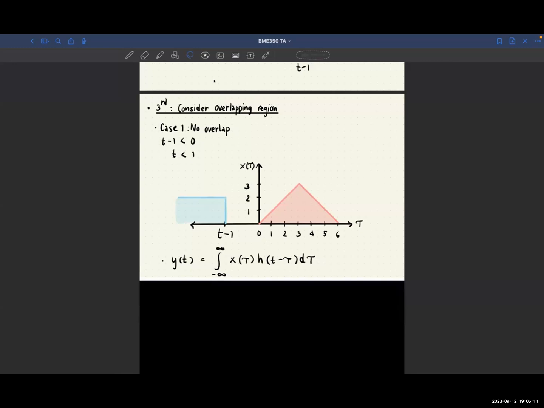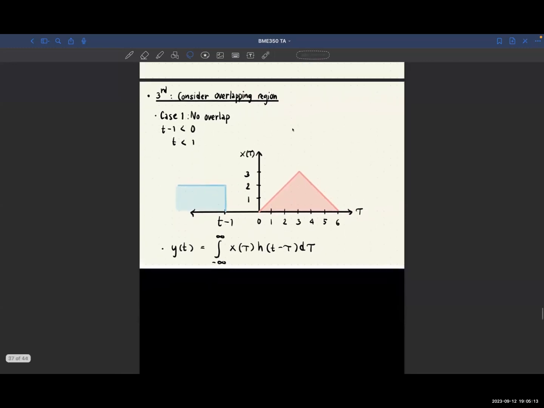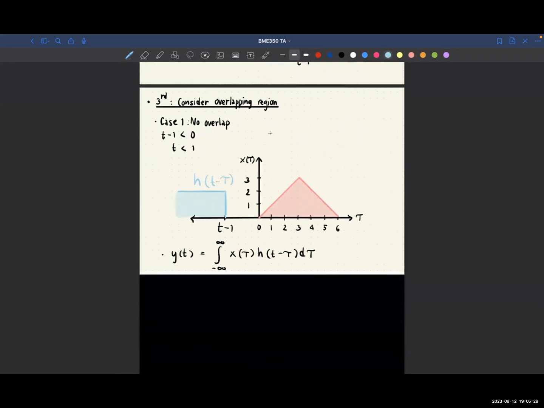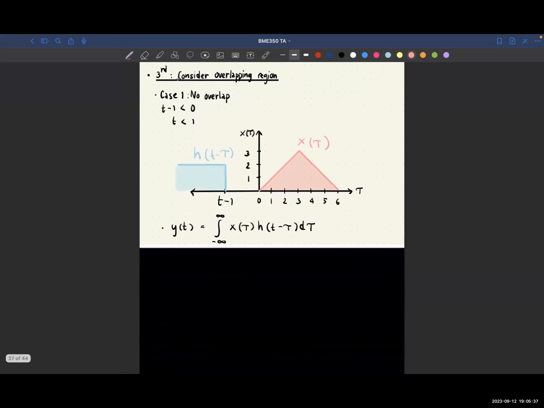So let's start at the first scenario here. There's going to be no overlap at all, as you can see on this graph here. So this is t minus tau, and this is x tau. When we do convolution, we want to find the area under the graph where they overlap together, right? But in this case, there's no overlap between these two signals.